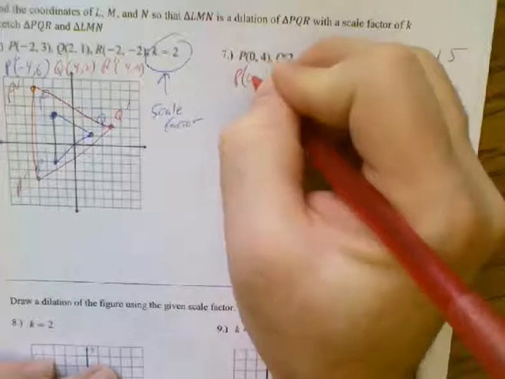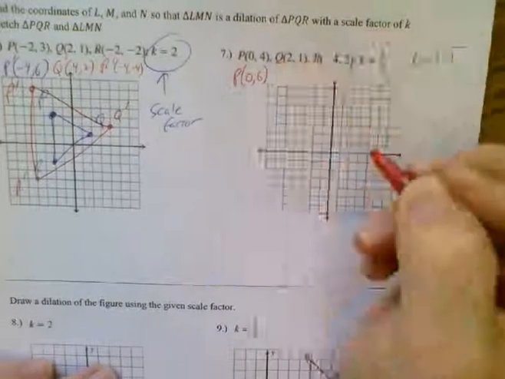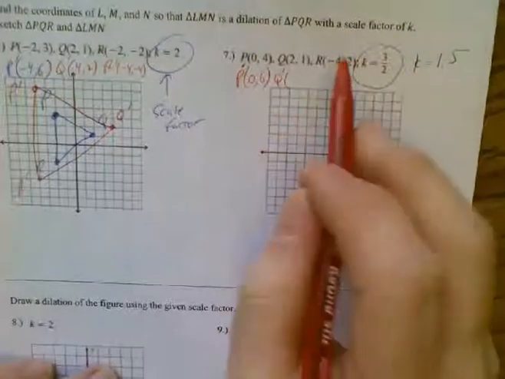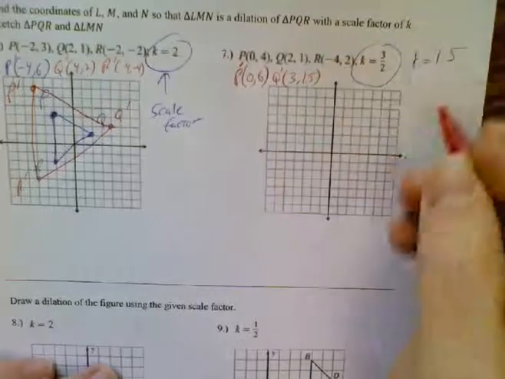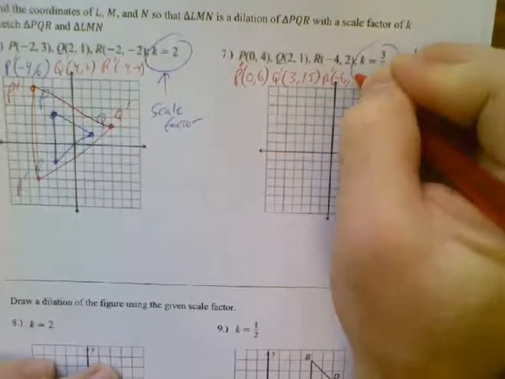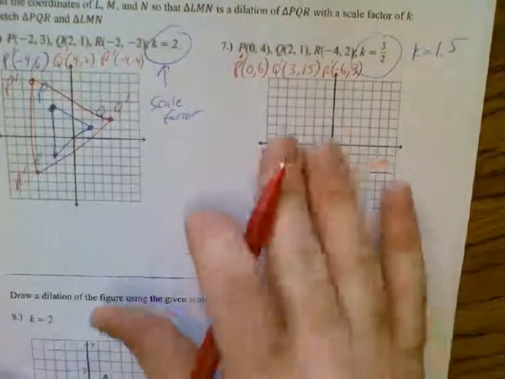So obviously 0 goes to 0. 4, when you multiply by 1 1/2, gets you to 6. And that's P prime. Q prime, if I multiply by 1 1/2, I'm going to get 3, and if I multiply by 1 1/2, I'm going to get 1.5, or 3 halves again. And then R prime, I'm going to get negative 6 and 3. Okay, just to save a little time, you can obviously plot them.